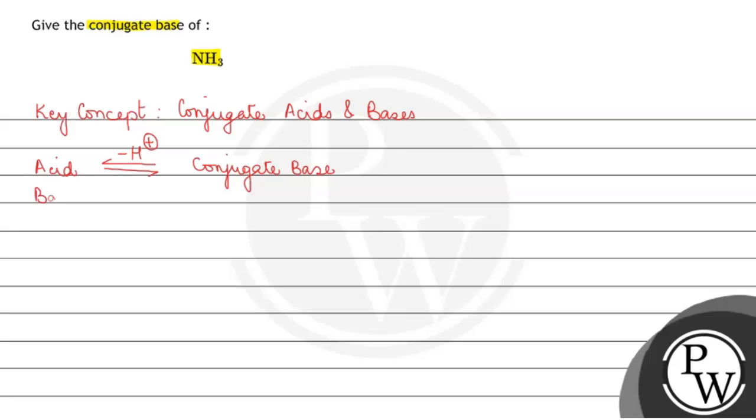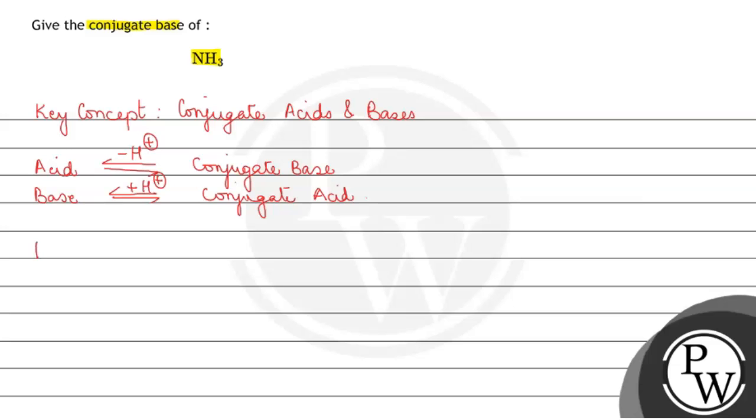Similarly, अगर हमारे पास एक बेस है जिसमें से प्रोटॉन का एडिशन हो रहा है, okay, so the resulting species which is formed after the addition of proton to the base is known as its conjugate acid.